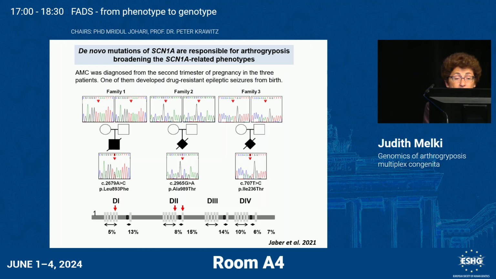And finally, more recently, we identified de novo mutations in SCN1A, which is responsible for arthrogryposis. You can see these are 3 families in which de novo mutations were observed. If you look at the mutations, which are here in red, with respect to mutations in these genes responsible for epilepsy, there is no specific position of mutation leading to arthrogryposis.